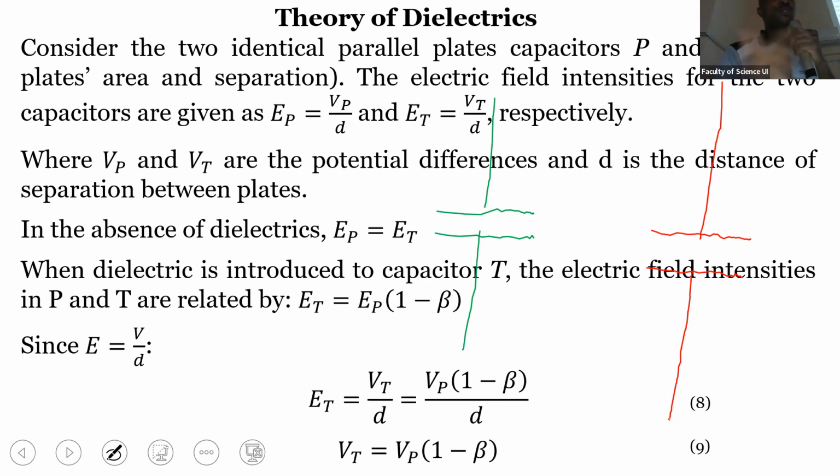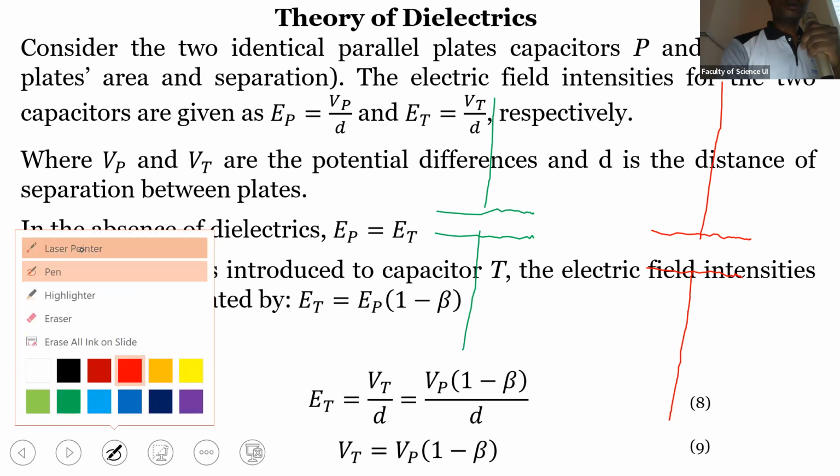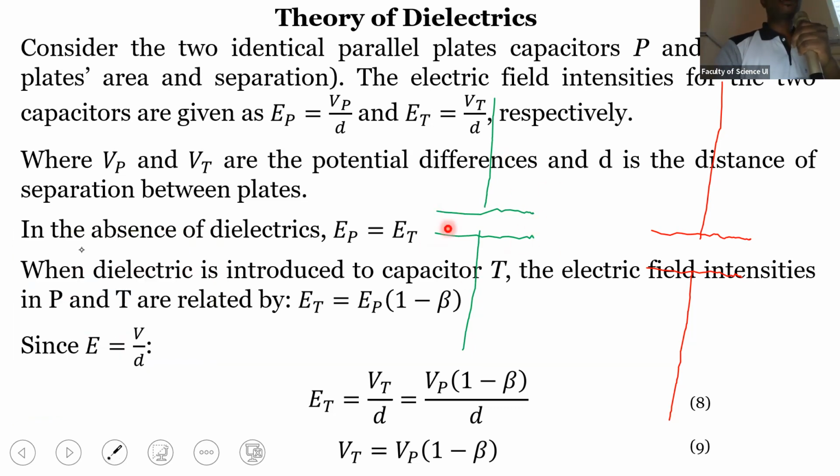So the electric field set up in P, EP, is the potential difference across the plates divided by the distance of separation. Similarly, ET, which is the electric field set up in between the plates in capacitor T, is the potential difference across it divided by D. The D's are the same here because they are identical.